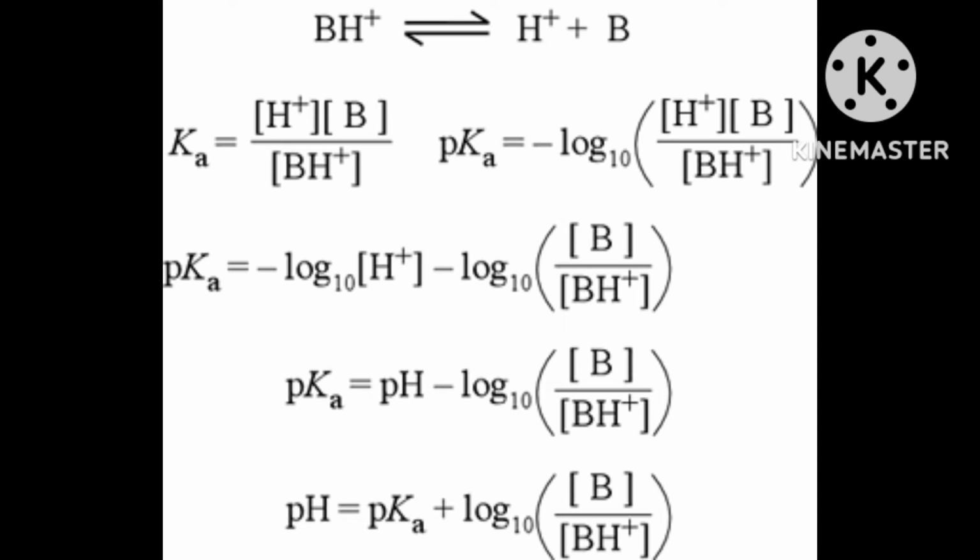So for preparing a buffer solution of the required pH, whatever pH you want, if you want to make a buffer solution of known pH, we select the acid whose pK is closer to the required pH.